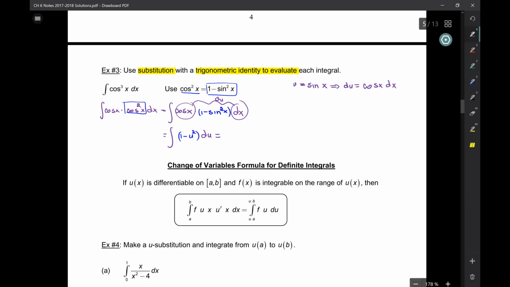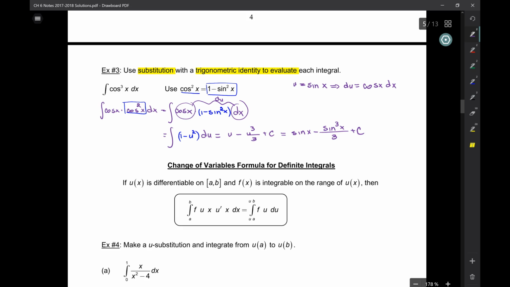So now let's integrate this. What's the integral of 1? It's u, in this case, minus u cubed over 3 plus c. So this is sine of x minus sine cubed of x over 3 plus c.